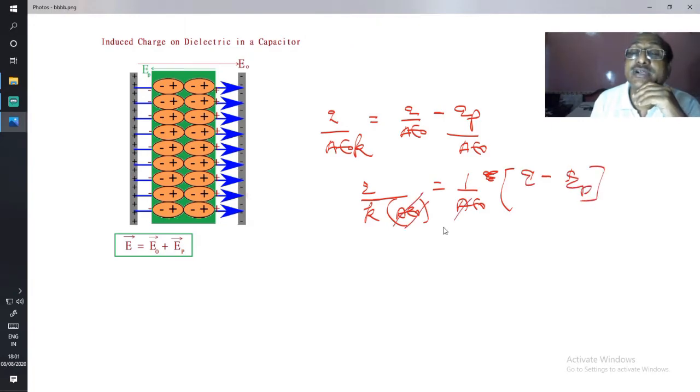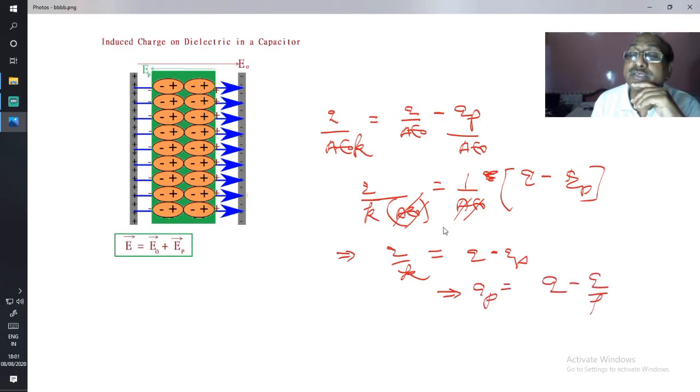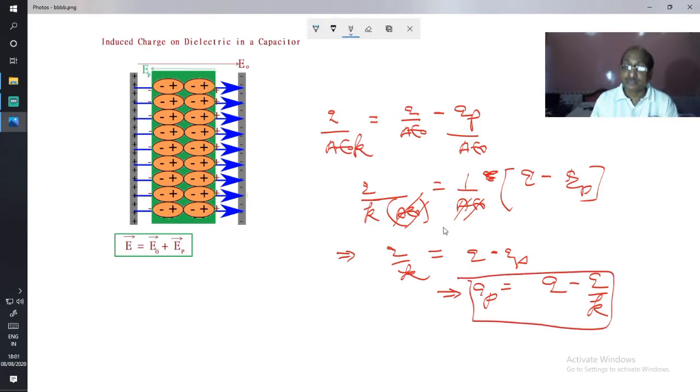A epsilon naught gets cancelled, so Q upon K equals Q minus QP, which implies that QP equals Q minus Q upon K. Thus, this is the required equation of the induced charge QP, that is QP equals Q minus Q upon K.